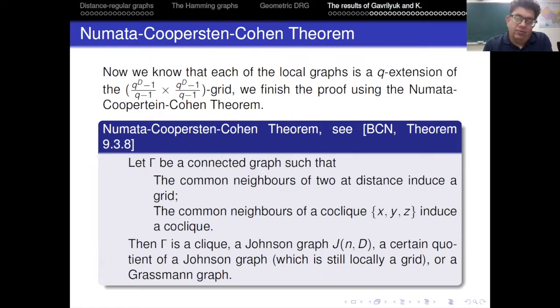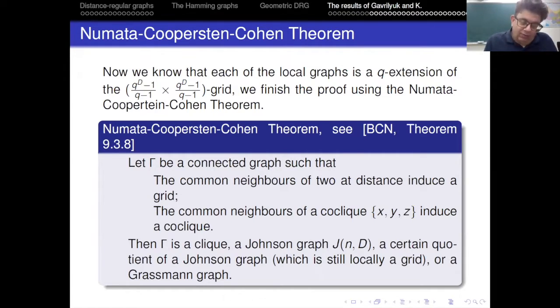We finish the proof using the Neumaier-Kupferstein-Cohen theorem. This theorem is Theorem 9.3.8 in BCN. For diameter 2, it was done by Neumaier and Kupferstein, and Cohen, I think, generalized it for any diameter.